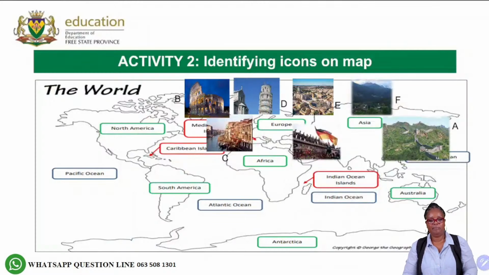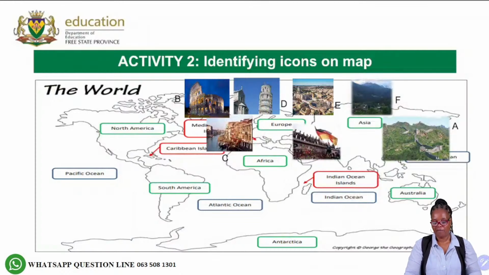This is the world map, the one with the continents. And I've just plotted the pictures there. So I want you to identify the icons on the map.